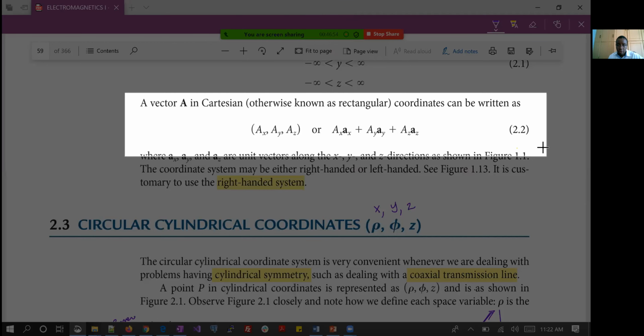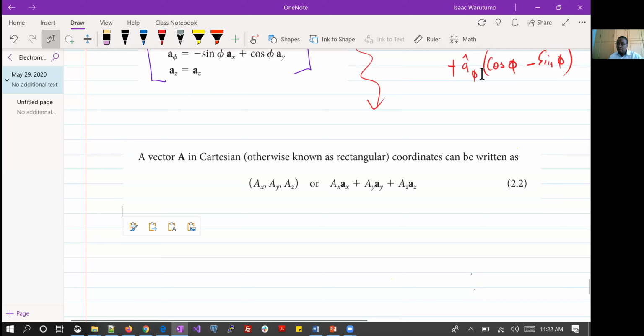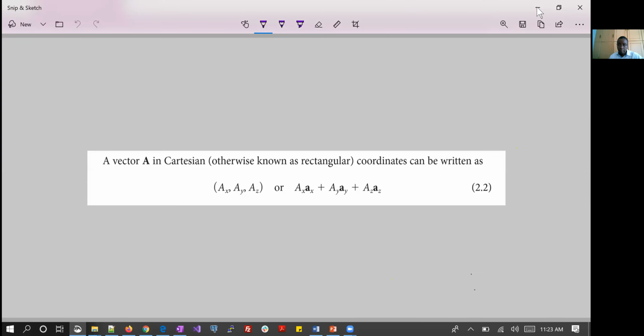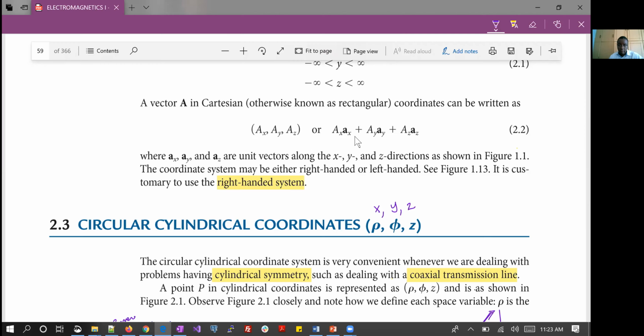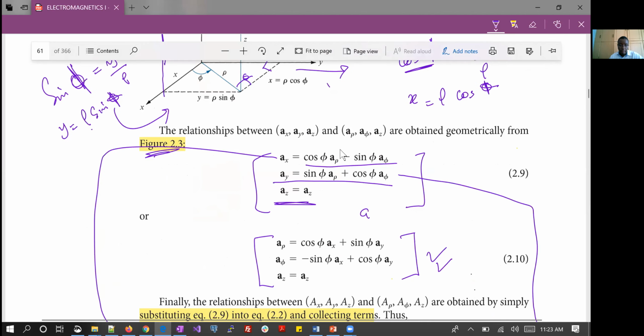This is my equation 2.2, and I am putting it here, and I want to get to equation 2.9, that we have just found out they are right here.